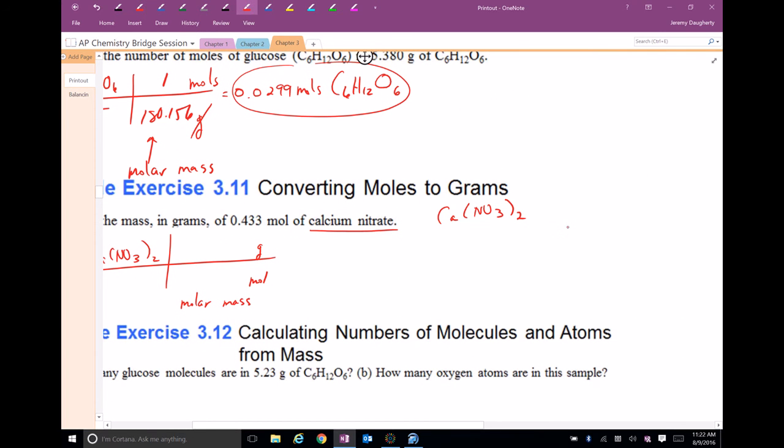Calcium is 40.08. I've got 2 nitrogens, which would be 28.02. And I got 6 oxygens, which we've seen is 96. So I get a value of 164.1 grams per mole.